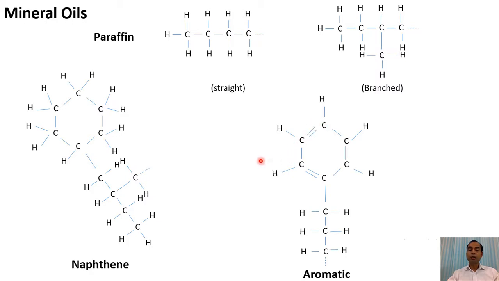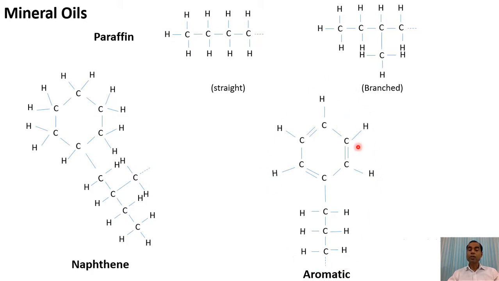So a good refined base mineral oil should contain branched paraffinic molecules. So the higher the paraffinic content, the better is the mineral oil. After this is the naphthene and some percentage of aromatic, up to 2 to 8% of aromatic components can be there.